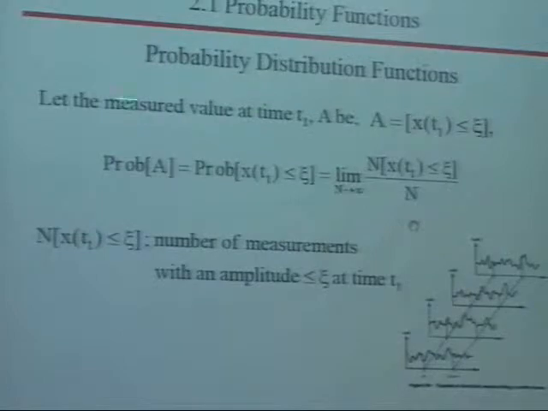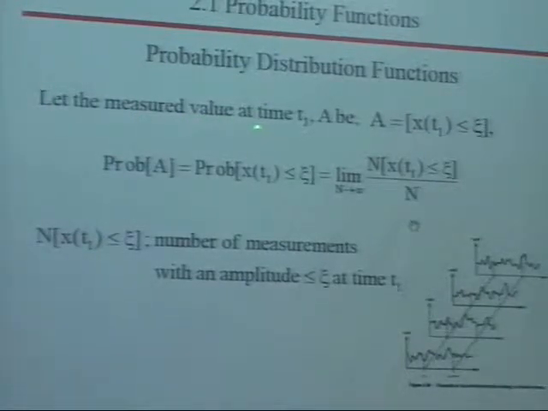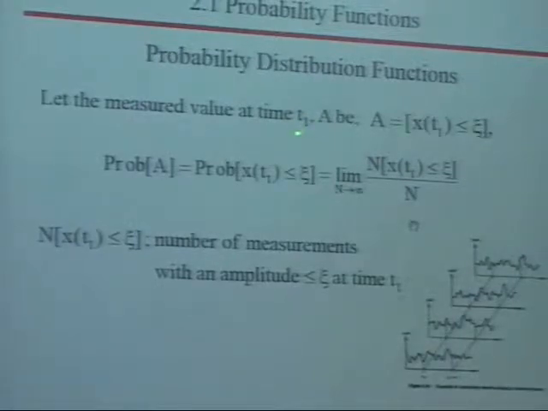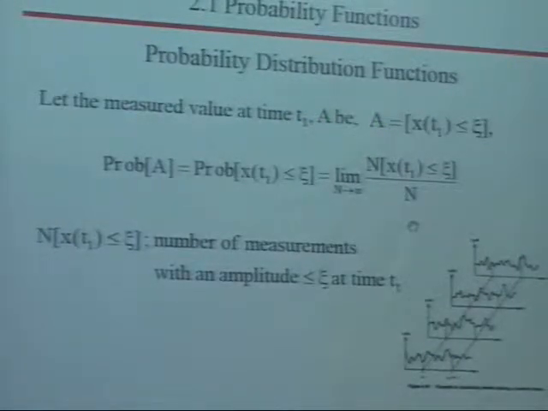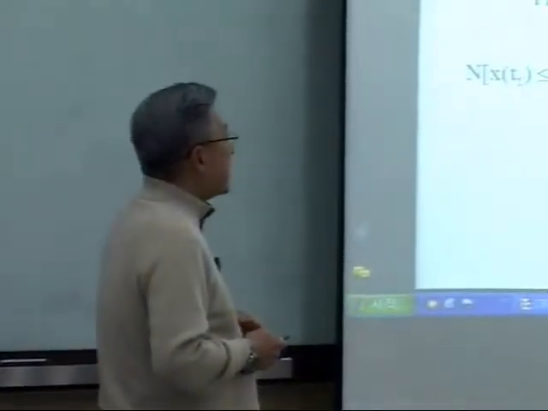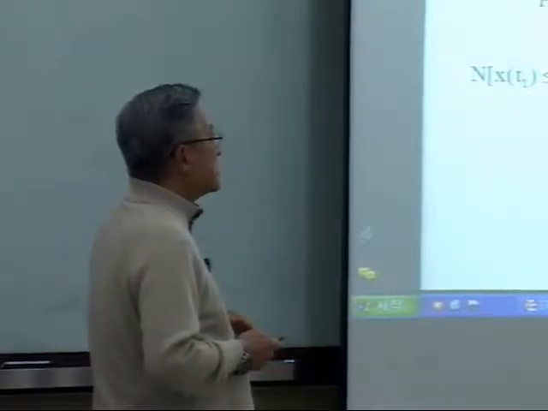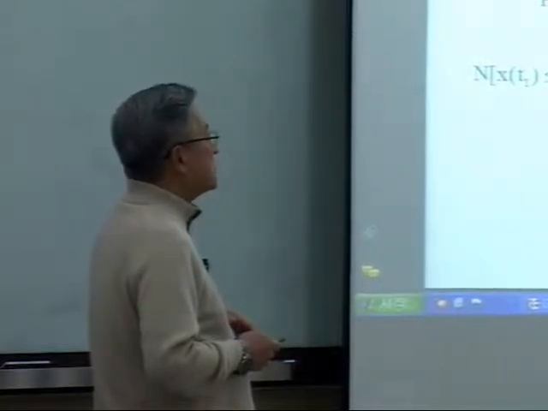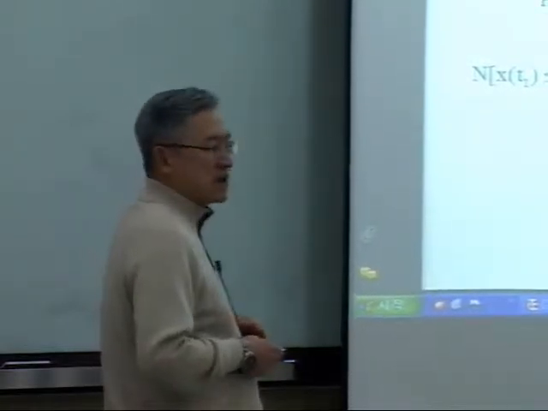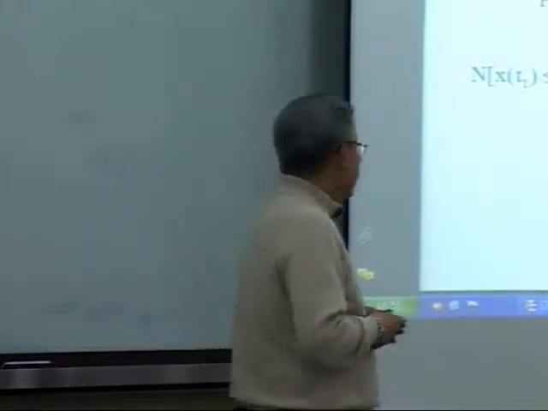So for the distribution function, let the measured value at time t1 be, and A is an event. The event is the situation that x at time t1 is less than or equal to the threshold value chi. I think this is called chi, isn't it? Anybody remember?